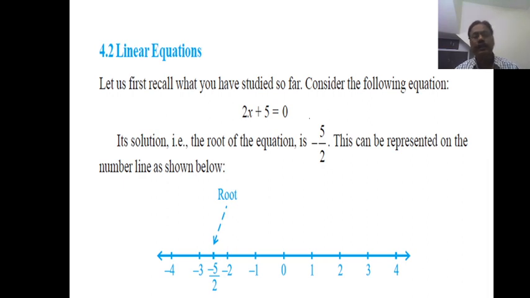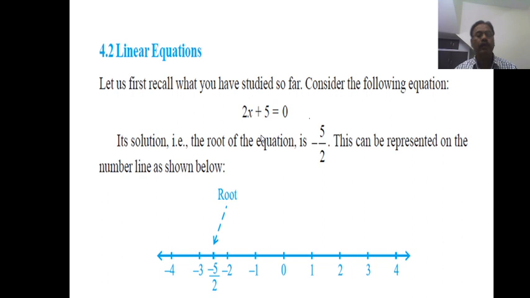Because in that polynomial the variable's power was 1. Similarly here we are going to study the linear equation in which variable's power is 1. That is why it is called linear equation in one variable. If it is having one variable, so we shall say that this is the linear equation in one variable.